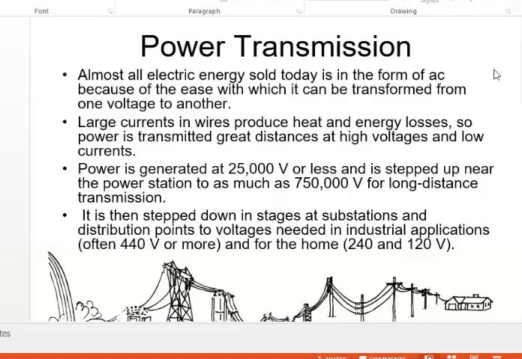Large current in a wire produces heat and energy losses. So power is transmitted a great distance at high voltage and low current. You must keep in mind, while supplying power from the power station to the consumer point, to a distant city, this is done at high voltage and low current.